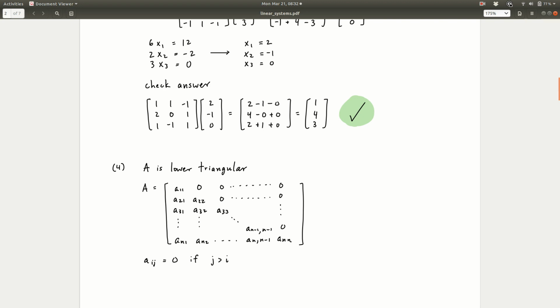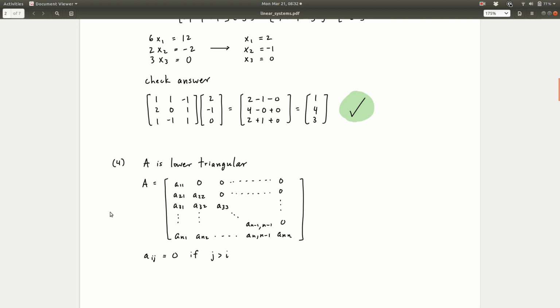Now if you're working with a lower triangular matrix, the entries of the diagonal are allowed to be non-zero, and we'll see they actually have to be non-zero in order for this matrix to be non-singular. If we were working with an upper triangle, again the diagonals would be non-zero, and these would also be non-zero, but these ones would be 0.